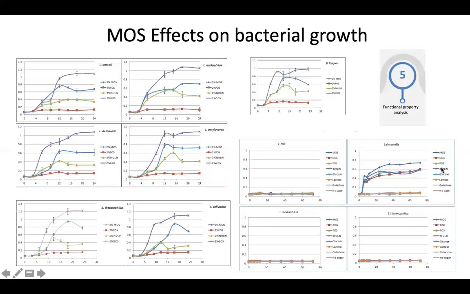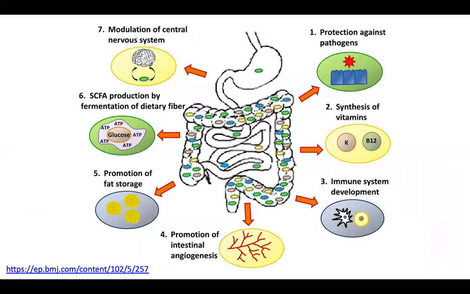But then anyway, another oligosaccharide also increased the growth of Salmonella as well. So we have to be careful. If it's too much, it might not be good. So anyway, this is the result so far to show that we can produce oligosaccharide that has a beneficial effect.